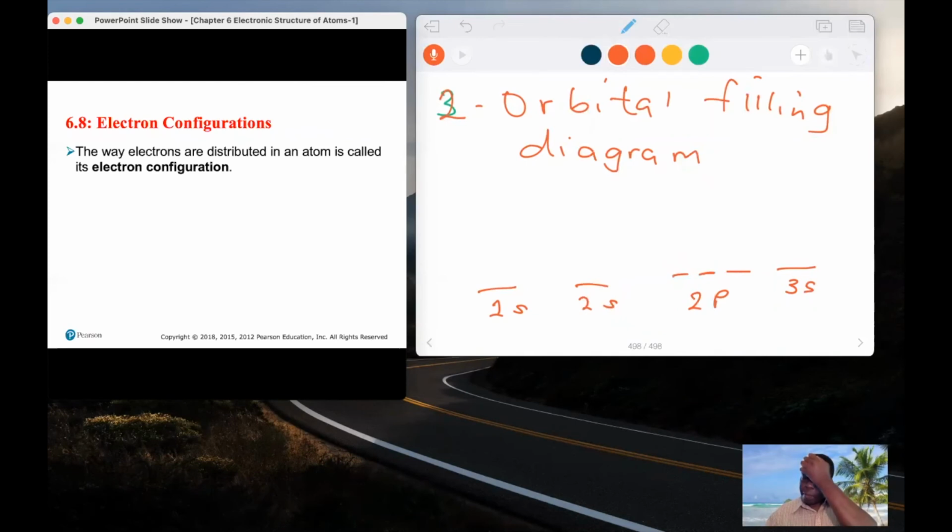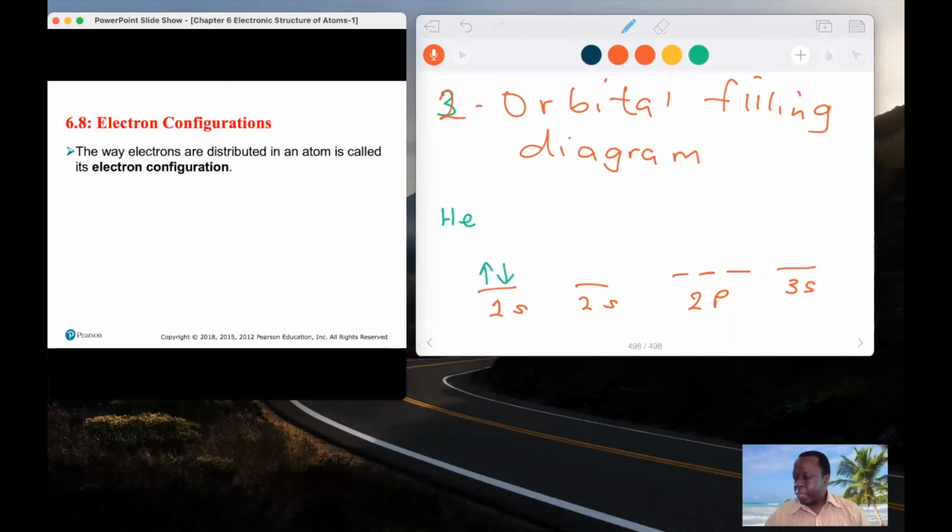So if I'm writing the electron configuration for helium, it will be 2 electrons facing opposite directions. You cannot pair them up otherwise. When 2 electrons occupy the same orbital, they have to have opposite spins.